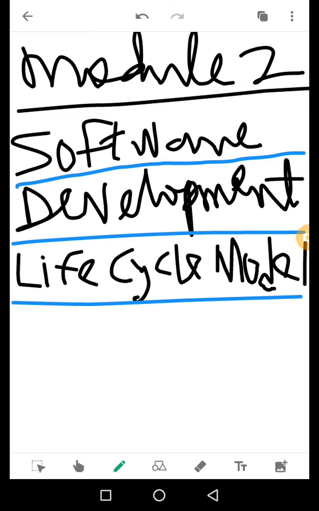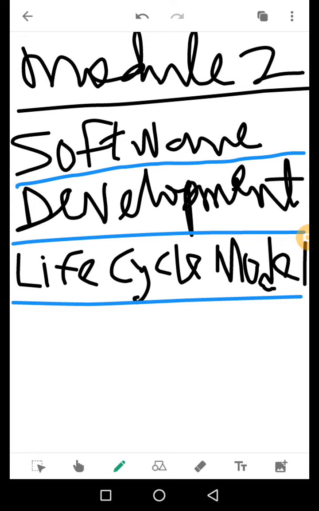So let me give the definition in short. Software life cycle model describes the phases of the software cycle and the order in which these phases are executed. We have a lot of models. Many companies adopt their own, but all have very similar patterns.